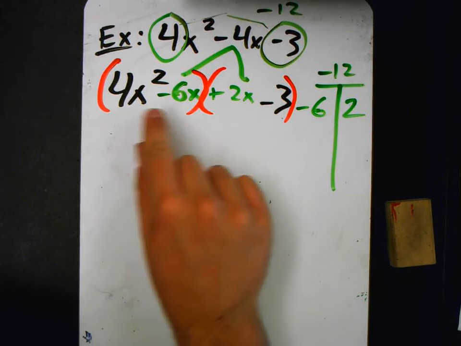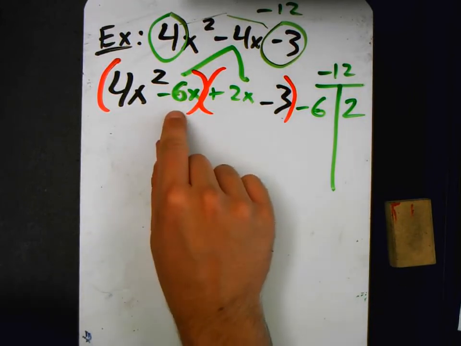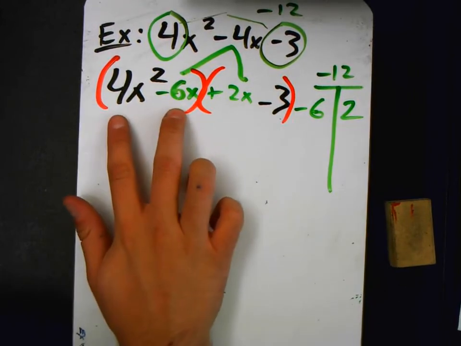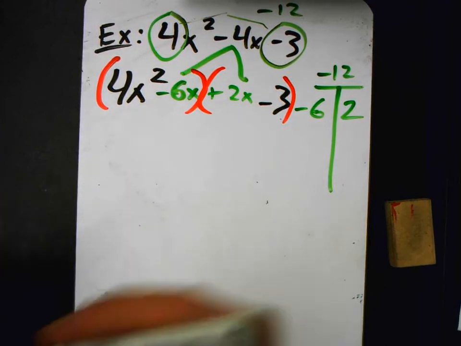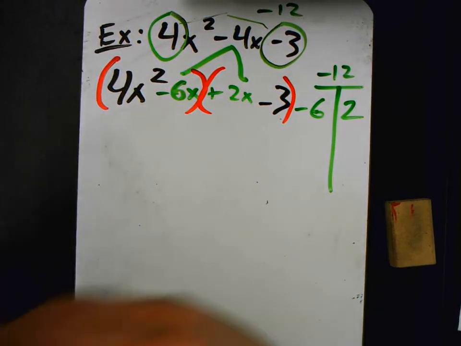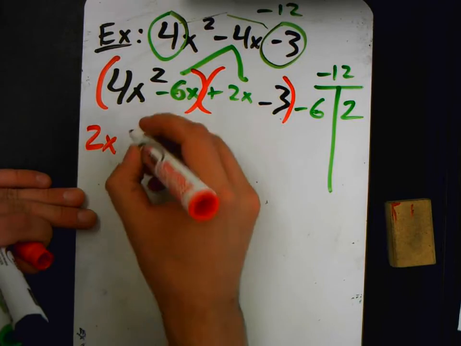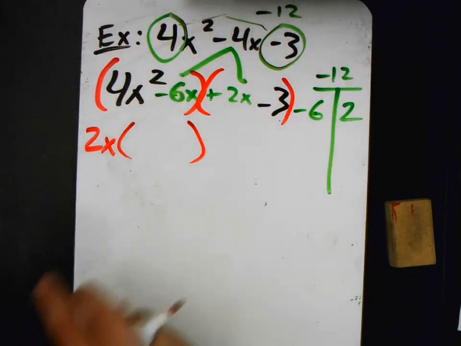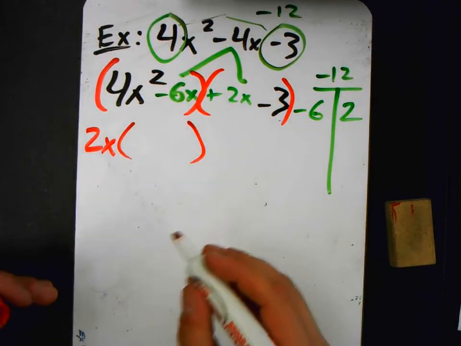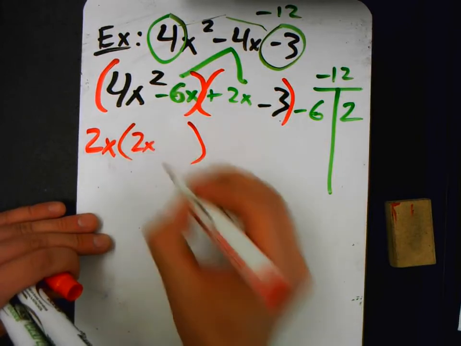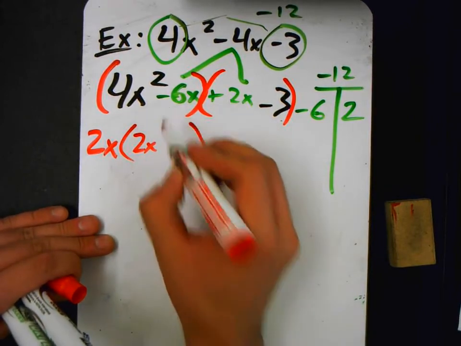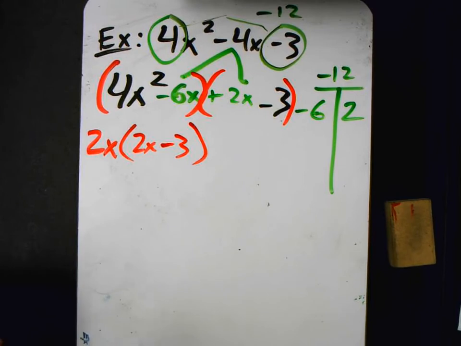So if I look at 4x squared minus 6x, they are both even, and they each have an x. So I can factor out a 2x. Pulling out a 2x from 4x squared, I am left with 2x. And pulling it out from a negative 6x, I'm left with negative 3.